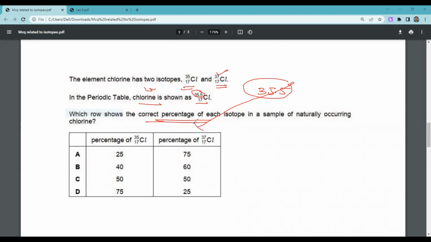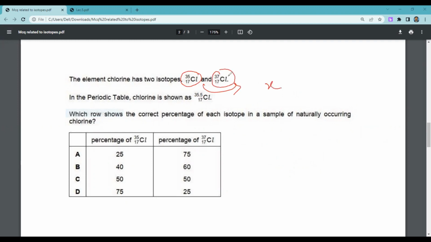Correct percentage of isotope means that they are asking us to calculate the abundance of isotopes. Simply, now we have to calculate the abundance of isotopes. I am saying the abundance of chlorine 35 is x, and the abundance of chlorine 37 is 100 minus x.